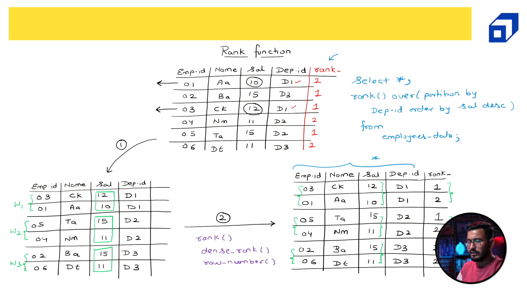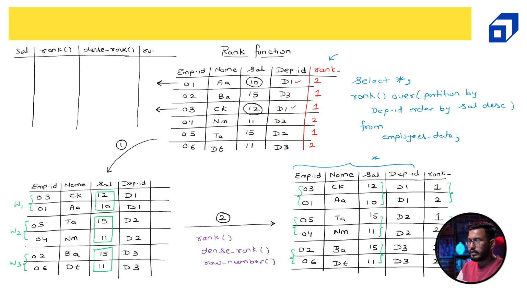Let's understand the difference. Take one sample data. So here I have a salary, followed by how the rank function will work, how the dense rank function will work, and how the row number will work.